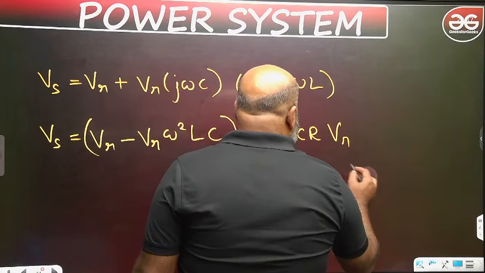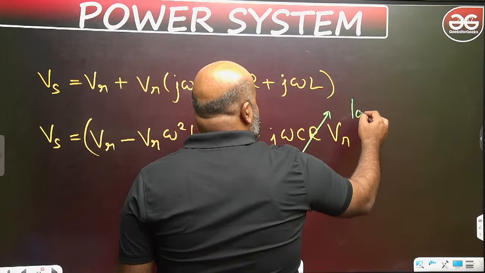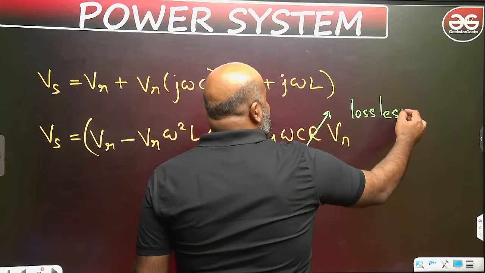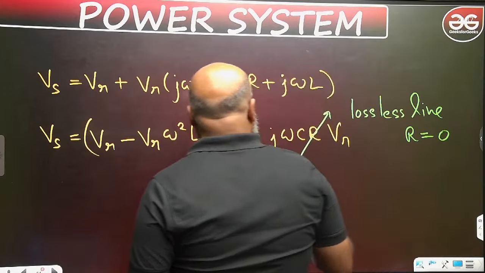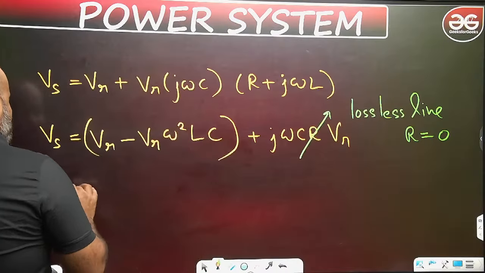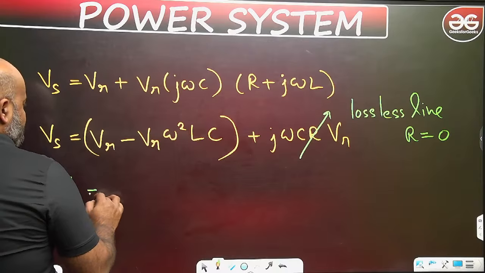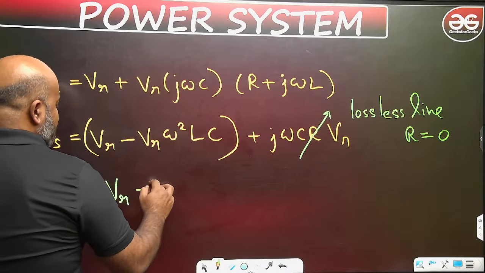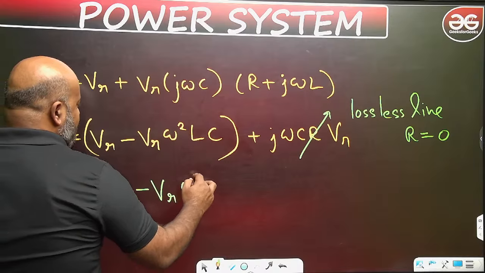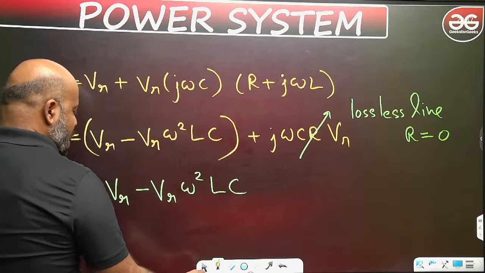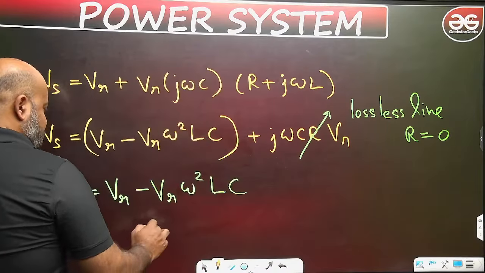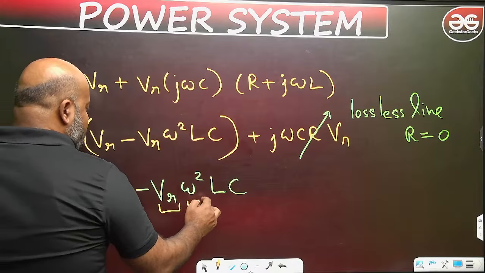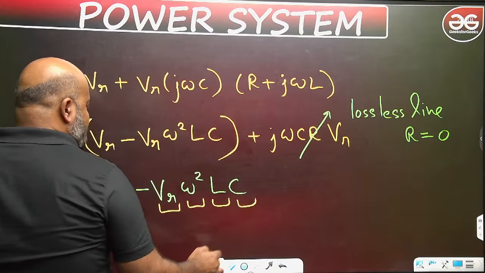Now, if we assume that it is a lossless line, for a lossless line R is going to be 0. If R is 0, this part is 0. Now just focus on this part. Vs is equal to Vr minus Vr omega square LC. It means what? Vr positive, omega square positive, L positive, C positive.